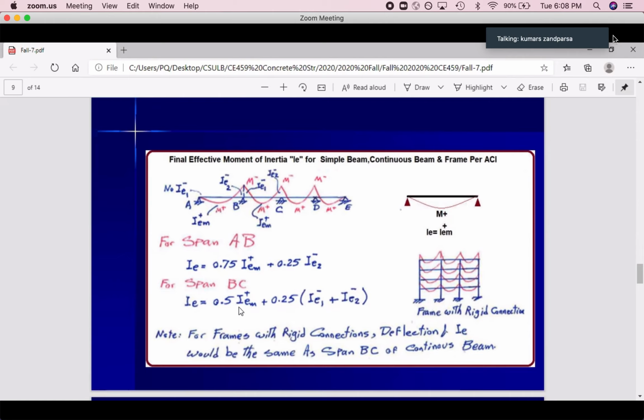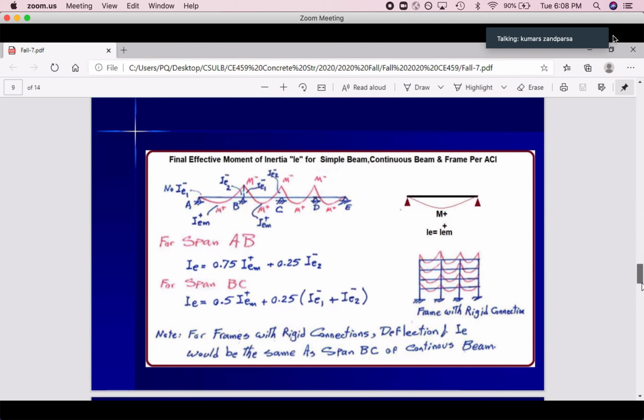In this case, 75% positive, 25% negative. Simply supported is 100% positive, so there is no need to combine anything because there is no negative. That's clear? Did I give you the answer? Yes, sir. Thank you. Perfect.